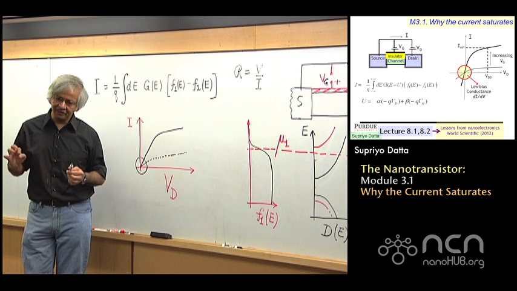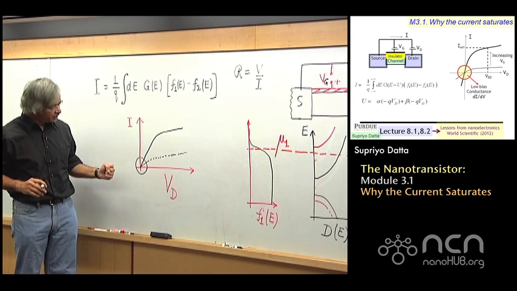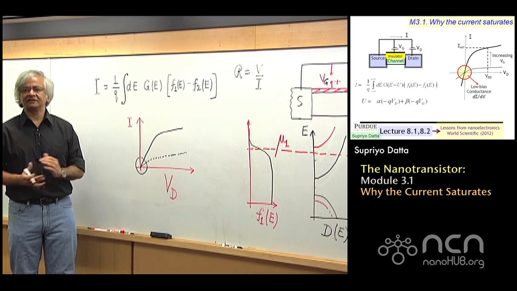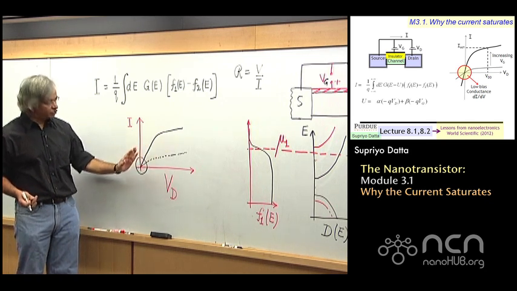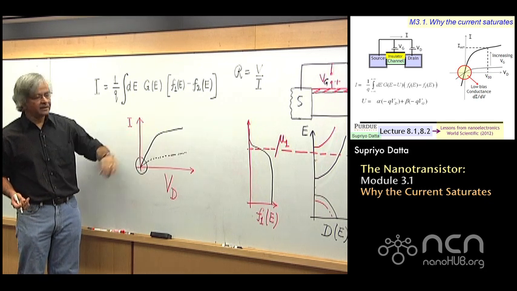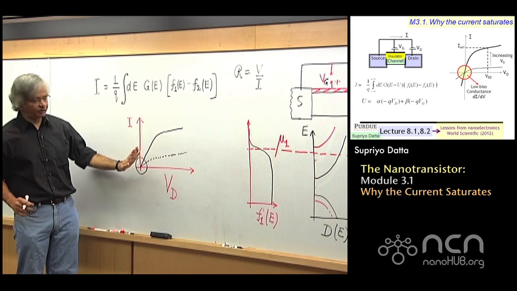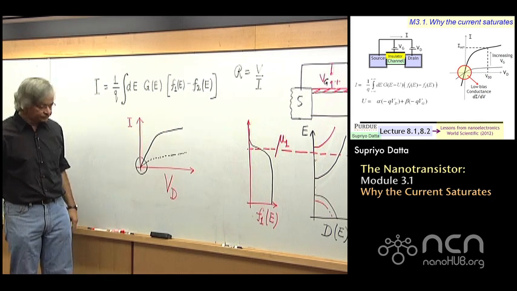My purpose is mainly to use nanotransistors as a way of illustrating what happens and the kind of factors that you have to worry about at high voltages. That is, why is it that this current levels off, for example? Okay? So that would be the first question: why doesn't the current just keep increasing like so? Why does it level off?